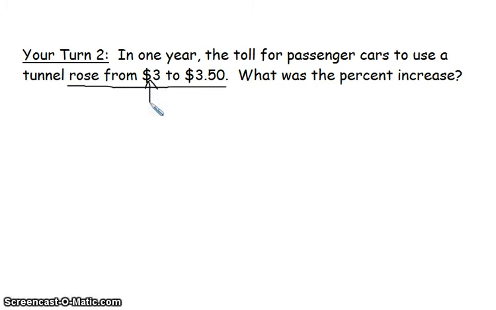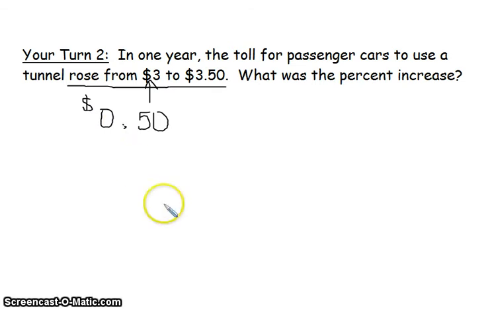That's how much we used to pay. Now we have to pay $3.50. Well, let's think about this. I'm not even going to write this down because I really think that you all should be able to do this. How much did it increase? This should be very, very simple. The amount of increase is 50 cents. That's an easy one. Now be careful. This is 50 cents, so make sure that you have your decimal point there.